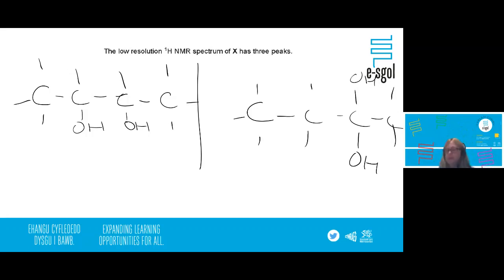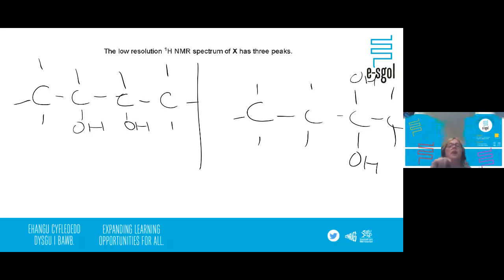Okay, so to focus on the fact that we know that it is a secondary alcohol, it's not tertiary, it's not primary, okay, we've got a choice of having the OHs on position 2 and 3, or we have them both on the same one, so position 2 in this sense.